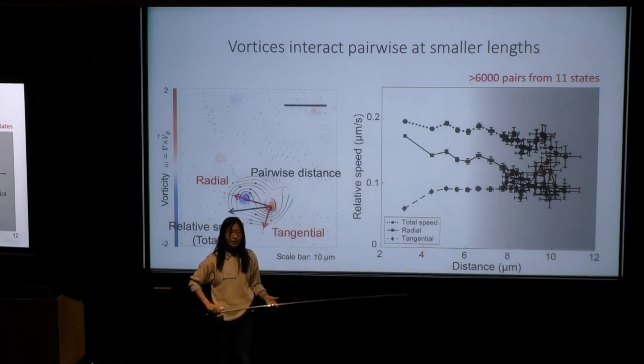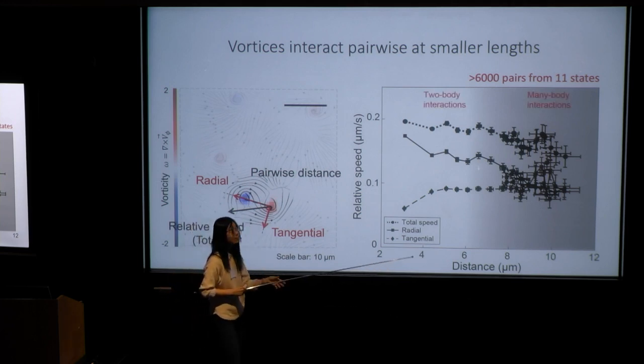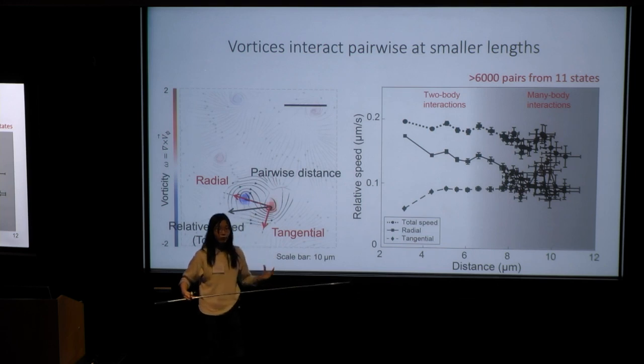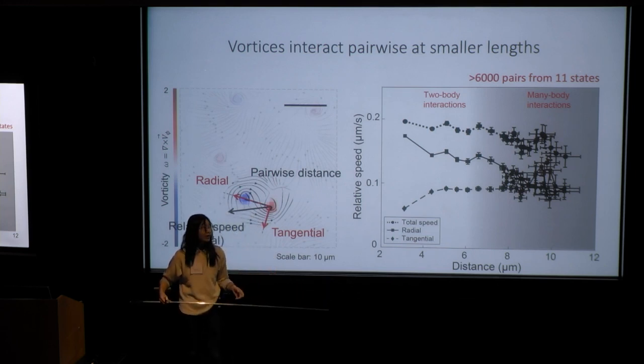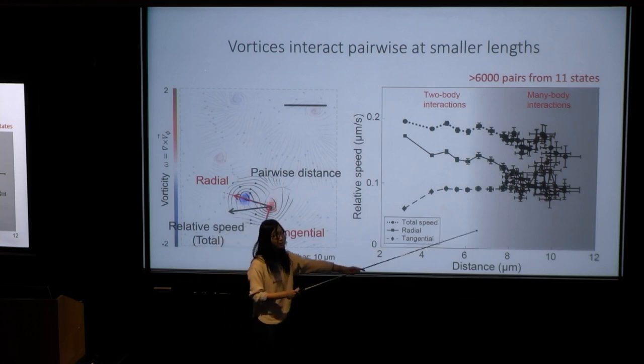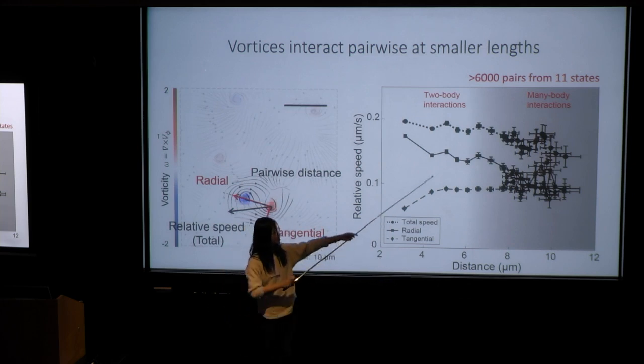This could also be explained in the pairwise interaction picture, since it could be interpreted as a many-body to two-body interaction transition. When the pair vortices are far apart from each other, they interact with multiple partners, thus giving this noisy dynamics in this range. But when they move closer to each other, they experience a more conserved pairwise interaction, thus giving this conserved acceleration across states.